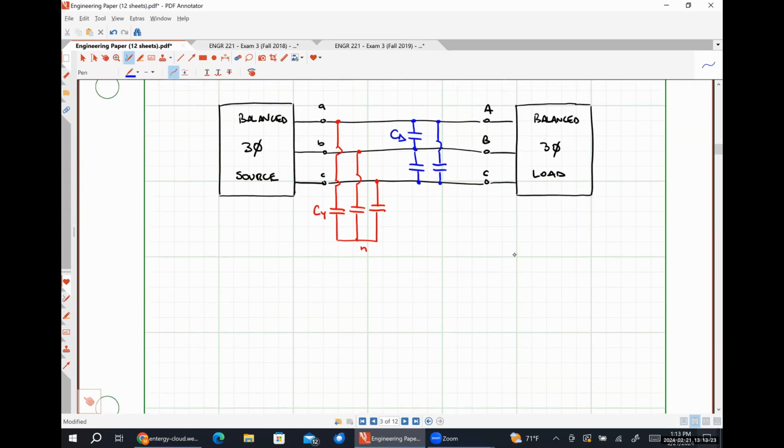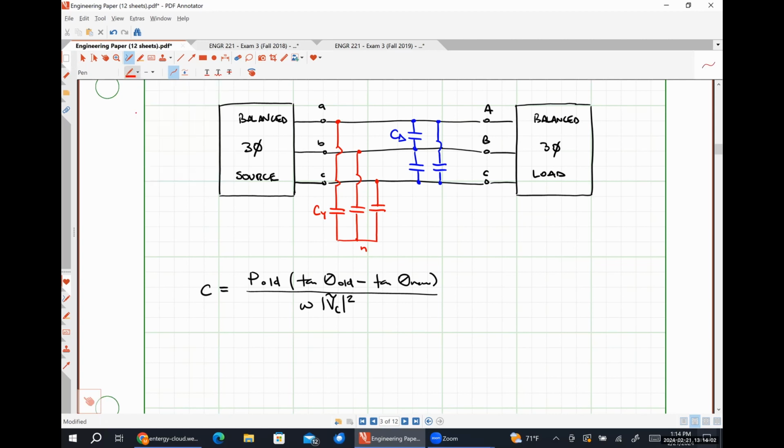So just to revisit things here, for single phase power factor correction, our equation for C was P old times the tangent of theta old minus the tangent of theta new divided by omega times the magnitude of the voltage drop across the capacitor squared. We're going to use the exact same equation.